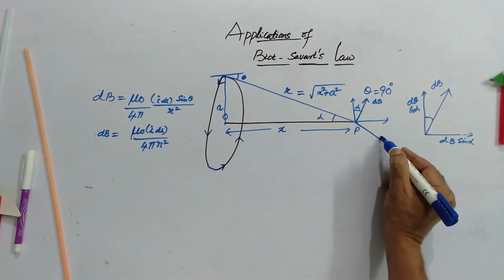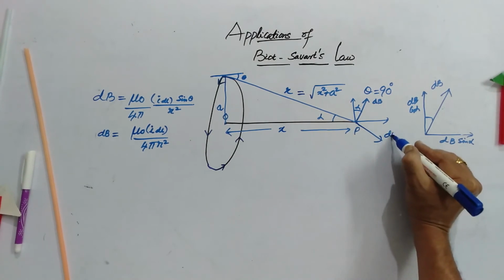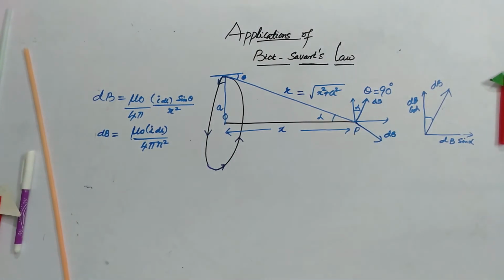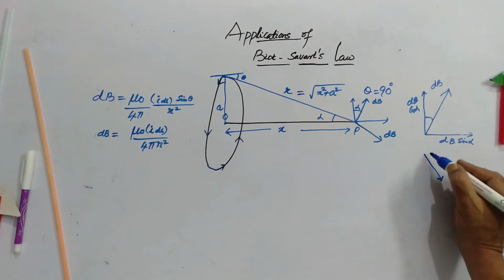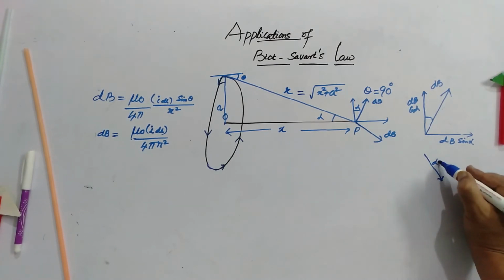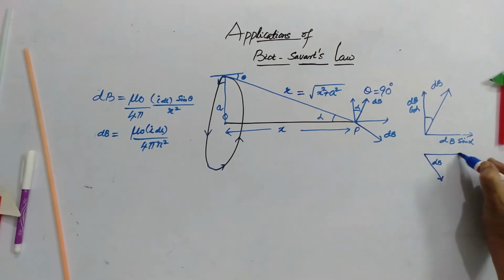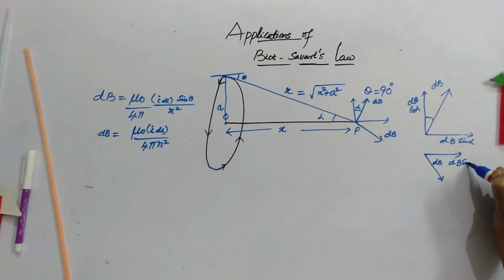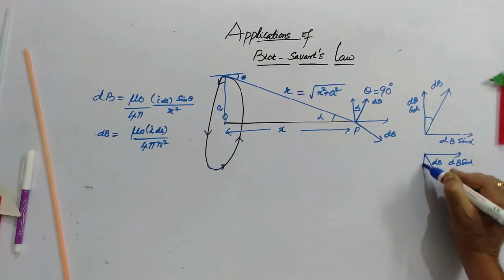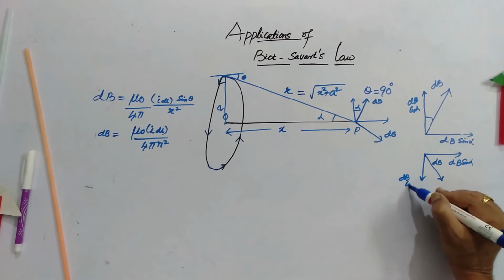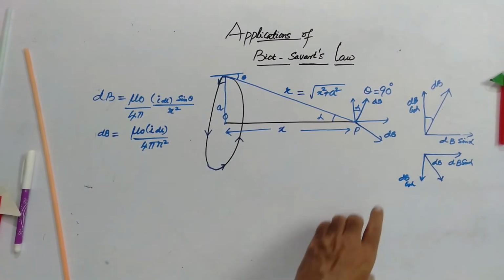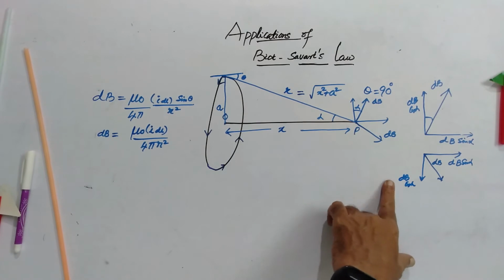The magnetic field direction will be like this. In that case, again I have to resolve that into two components. One is dB sin alpha, the other one is dB cos alpha.